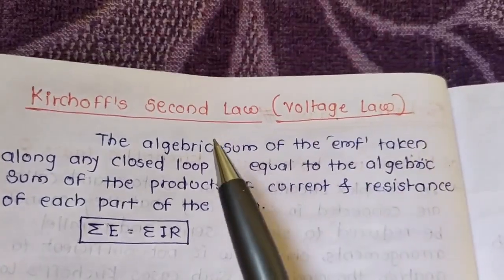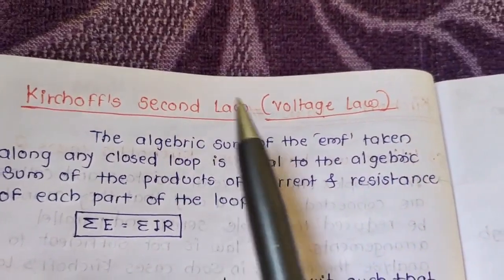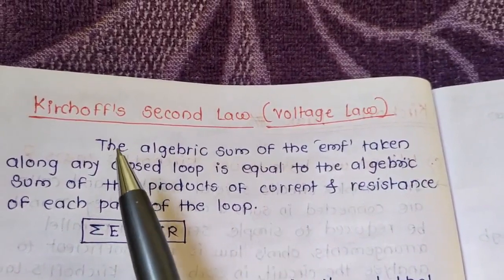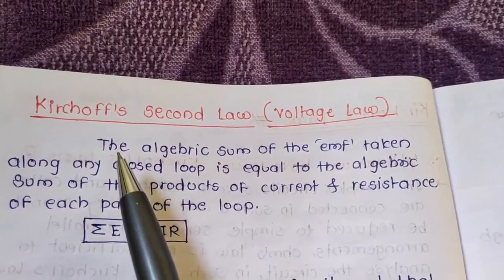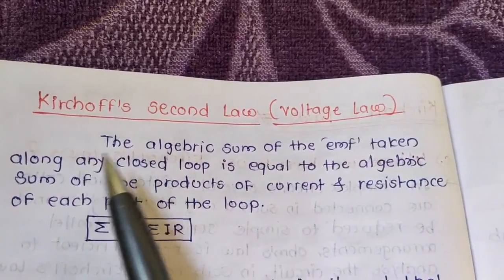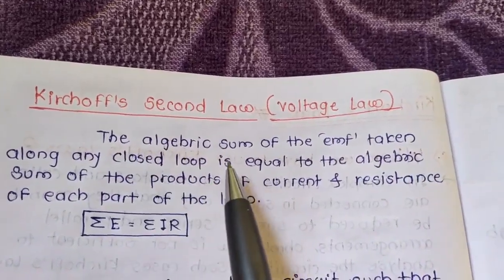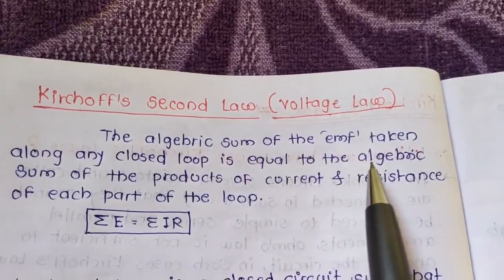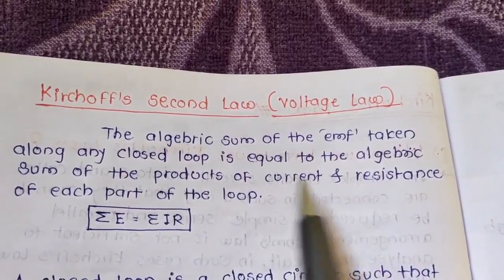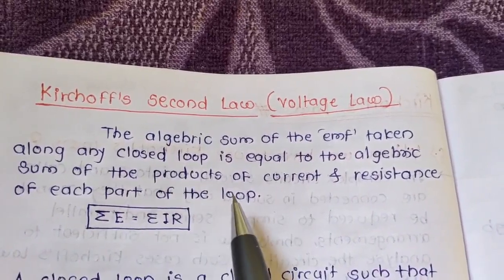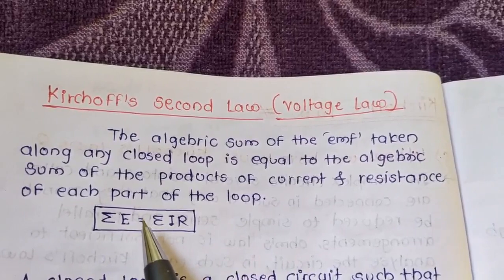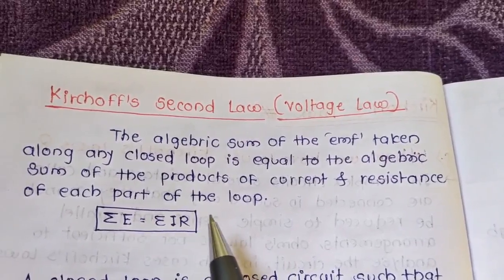Now, what is Kirchhoff's second law? Kirchhoff's voltage law. It states that the algebraic sum of EMF taken along any closed loop is equal to the algebraic sum of products of current and resistance of each part of the loop. In other words, summation of E is equal to summation of IR.